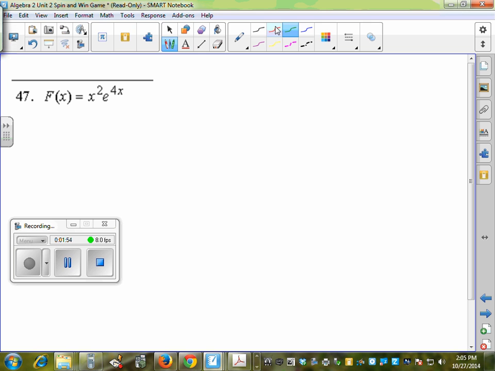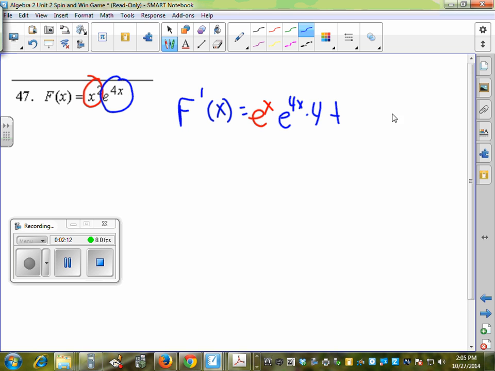Okay, 47, we have a product rule. So our derivative is going to be first times derivative of the second plus second times derivative of the first. And of course we know we need to factor.